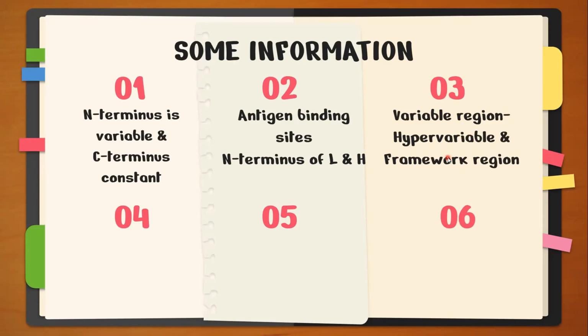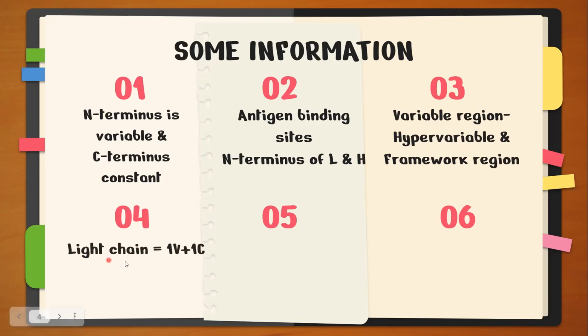Usually the framework region remains constant, but there is a change in the hypervariable regions. There are 3 different hypervariable regions called the CDRs. CDR stands for complementarity determining regions, and they are 3, that is CDR1, CDR2 and CDR3. CDR3, remember, is the most variable.